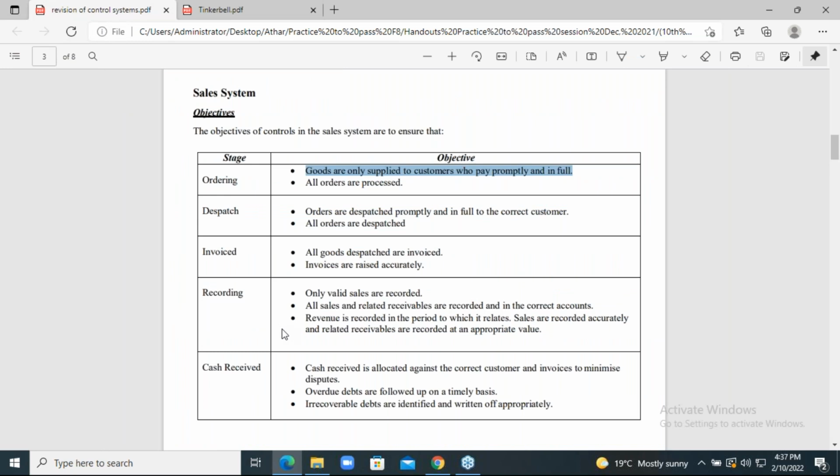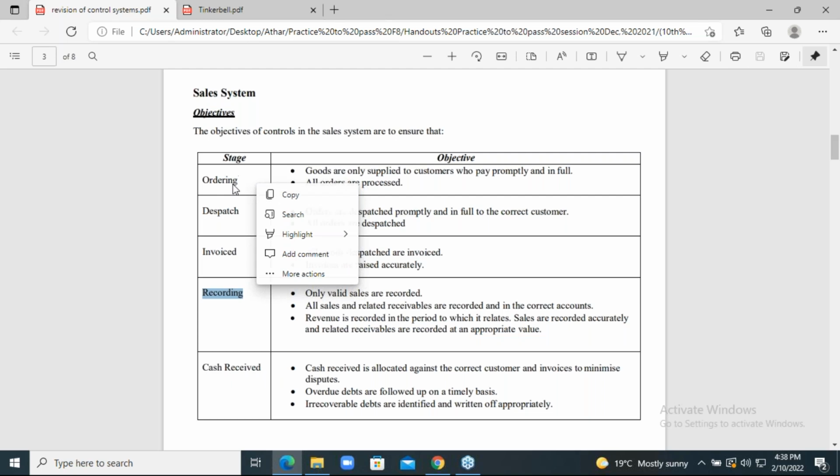here. Now you can see at the level of cash received, this is a bad debt issue, and revenue is recorded, period sales recorded accurately, and related receivables recorded at an appropriate value. Now the thing that you are discussing is related to the recording stage and cash received stage.